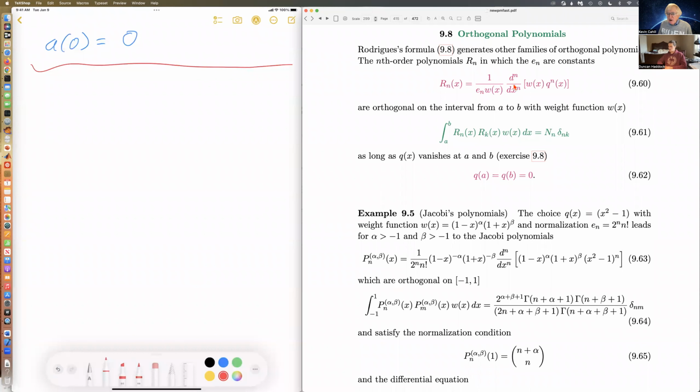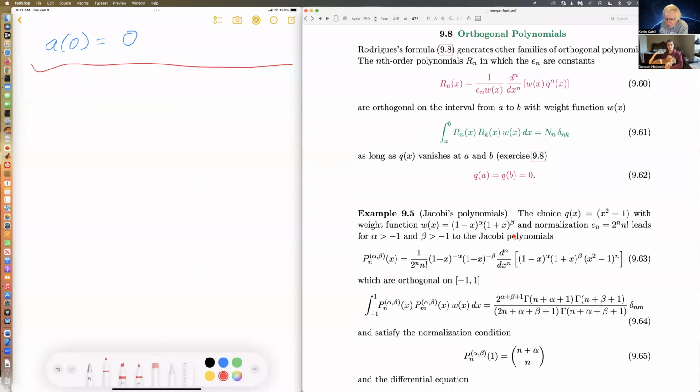You then take a weight function w, and you construct something like this. The nth orthogonal polynomial is going to be the nth derivative of the weight function times this function q raised to the nth power, and then you divide out the weight function. And then you have a constant en, which is chosen to make the normalization nice.